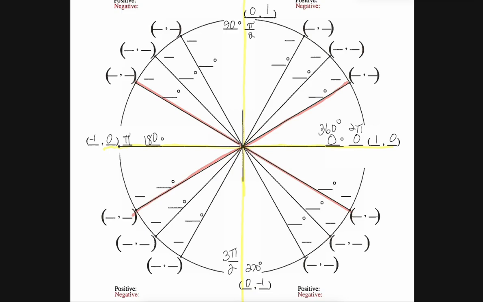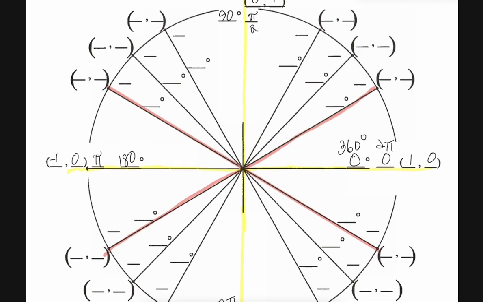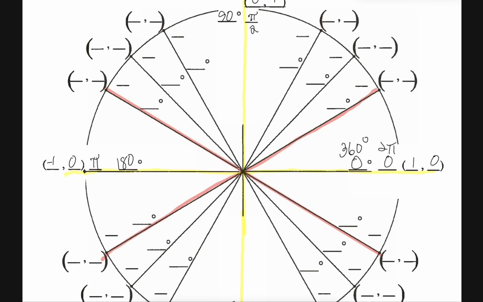I usually do that one red, pink, something of that nature, okay? Now that location is 30 degrees. Everything that I've highlighted in red is related to 30 degrees.